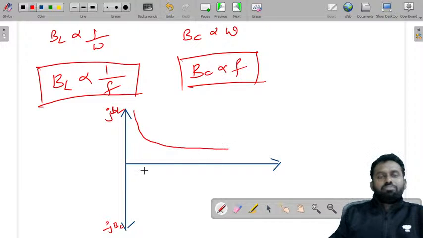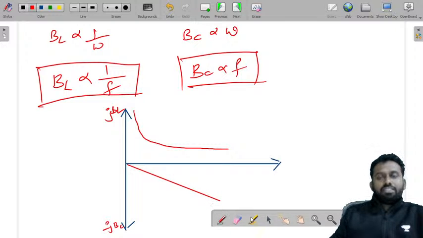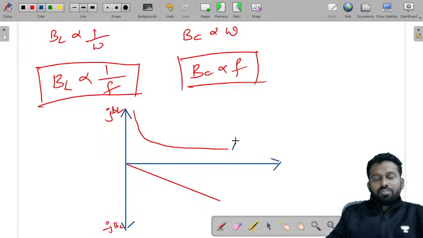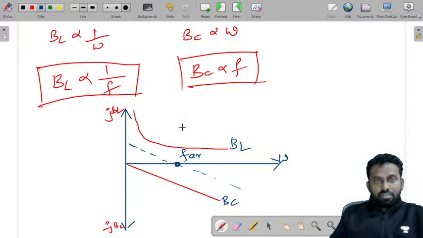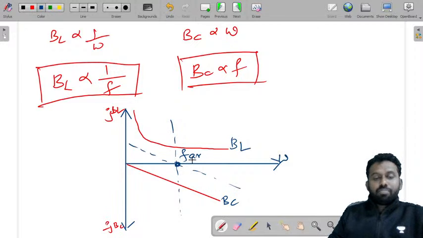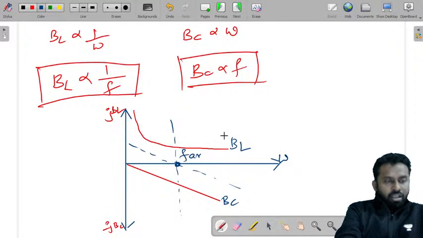So this is minus B_C, and this line is B_C, and the other one is B_L. Yes, this is B_L, this is B_C, linearly with respect to omega. And this is the region where you get f_ar, the anti-resonant frequency. This frequency, where you have B_L minus B_C or B_C minus B_L, the imaginary part of the admittance is equal to 0.